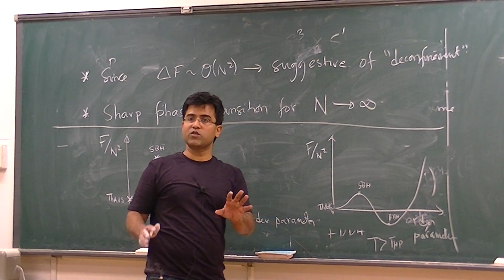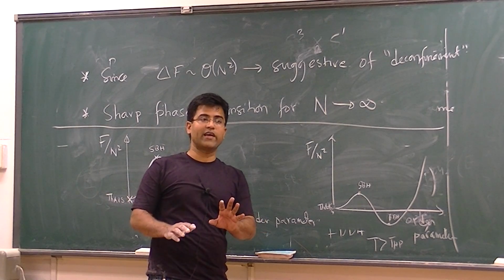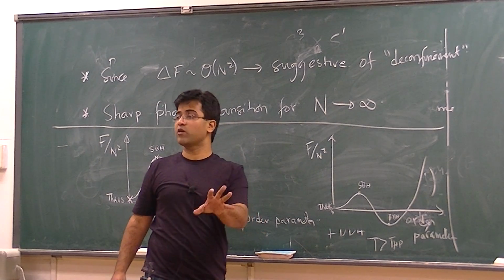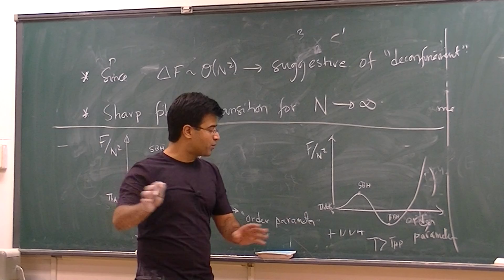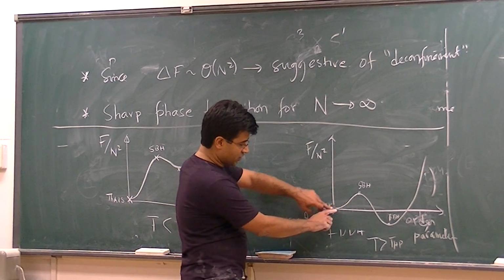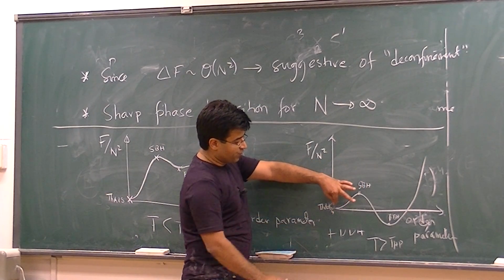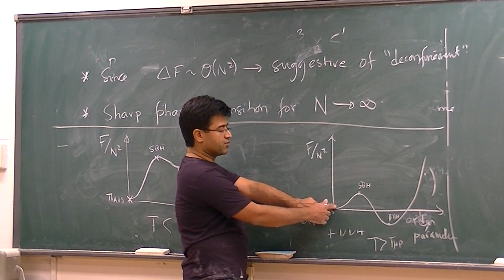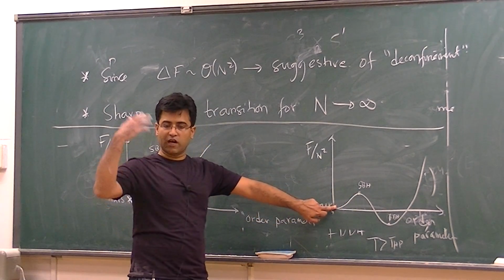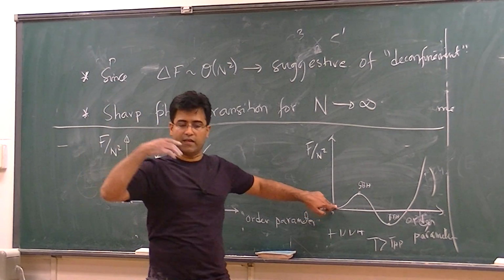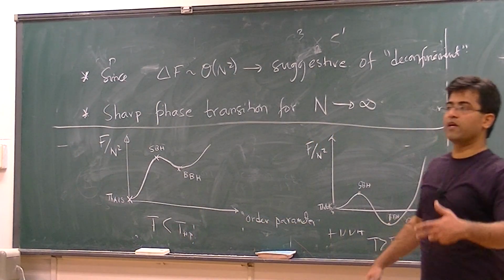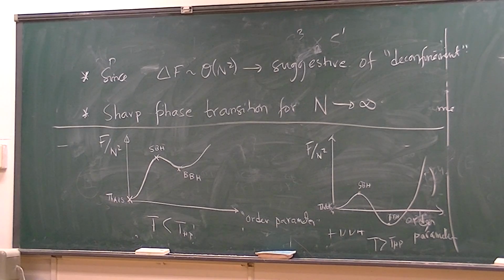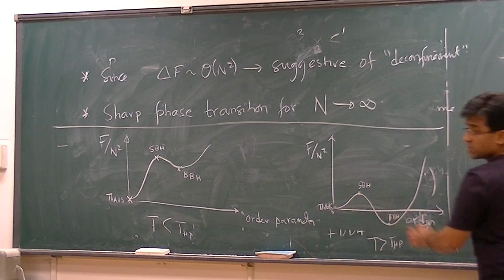Condensation of winding modes is actually related to something like the expectation value of a Polyakov loop operator. So I just wanted to mention that it's not significant at this stage, but the point is that if you sit in this phase and try to heat the system up, eventually this phase has to disappear because at arbitrarily high temperatures you expect that winding modes of the string will become relevant, they will condense, and this phase should cease to exist. Okay?